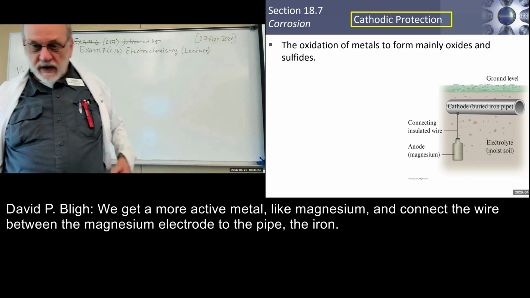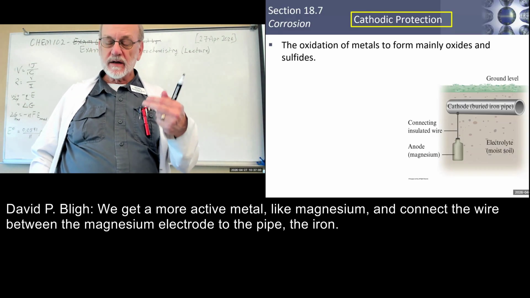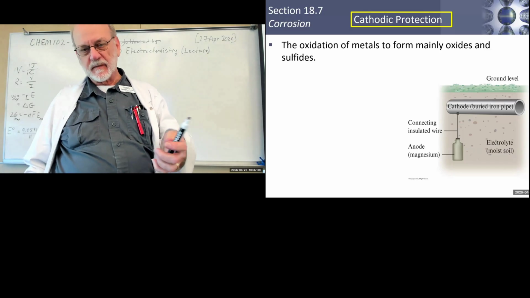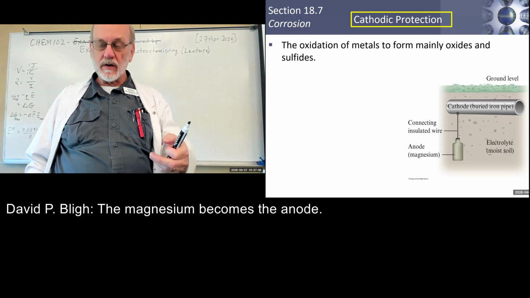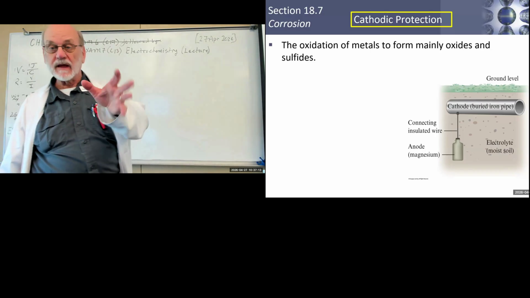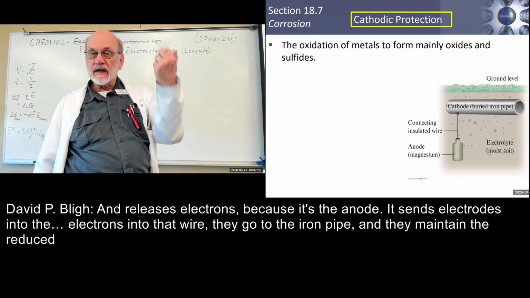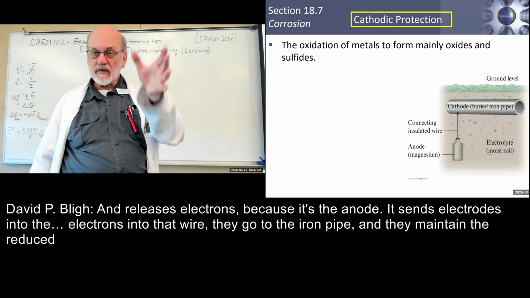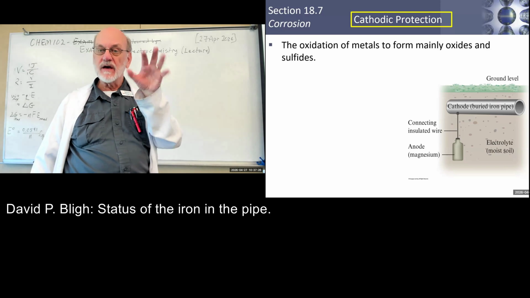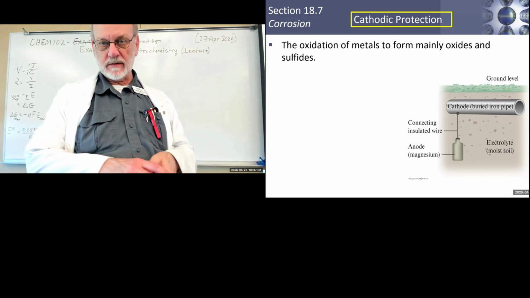So we get a more active metal like magnesium and connect the wire between the magnesium electrode to the pipe, the iron. The magnesium becomes the anode. It rusts. Well, it doesn't really rust, it oxidizes, and releases electrons because it's the anode. It sends electrons into that wire. They go to the iron pipe and they maintain the reduced status of the iron in the pipe. That's a sacrificial anode.